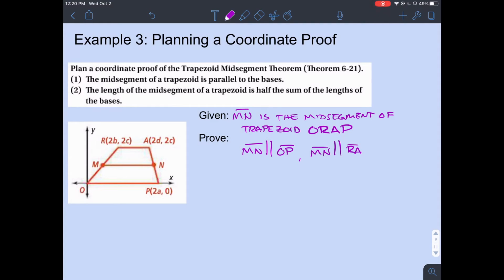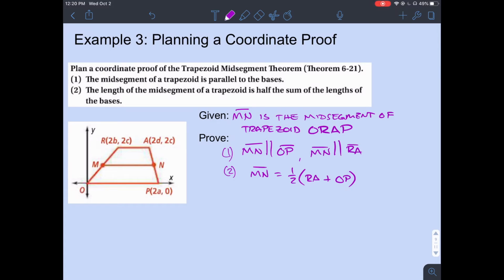All right, so that's the first thing. This is step 1. And step 2, what they give us here is that we're trying to prove that the midsegment of the trapezoid is half the sum. So we're trying to prove that MN is equal to 1/2 of RA plus OP.